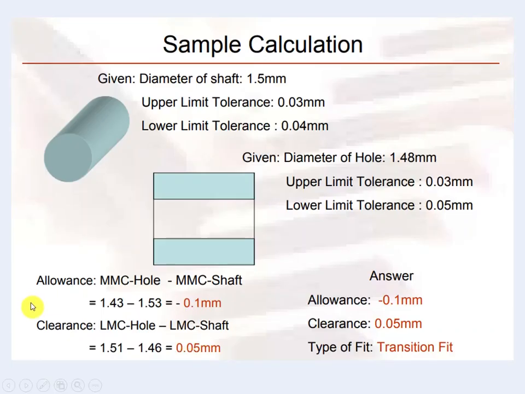This is an example. Given a shaft diameter of 1.5 millimeter, upper limit 0.03, lower limit 0.04. For the hole, guys, basic size 1.48, upper limit 0.03, lower limit 0.05. My question, guys, how much is the tolerance of the shaft?